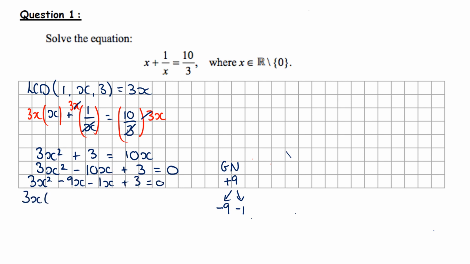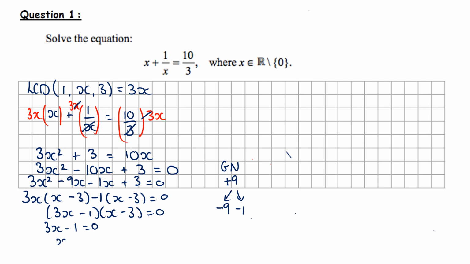Take out a 3x that's common, we get x minus 3. We take out a minus 1 and we get x minus 3. We're left with 3x minus 1, x minus 3 equals 0. Solving that, 3x minus 1 equals 0, so x equals a third. And x minus 3 equals 0, so x equals 3.